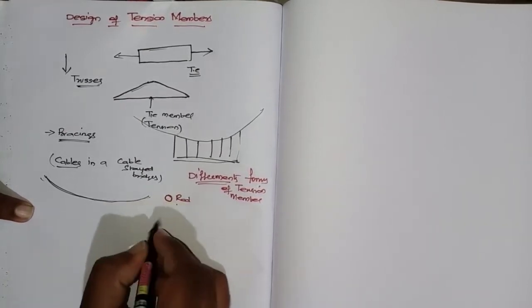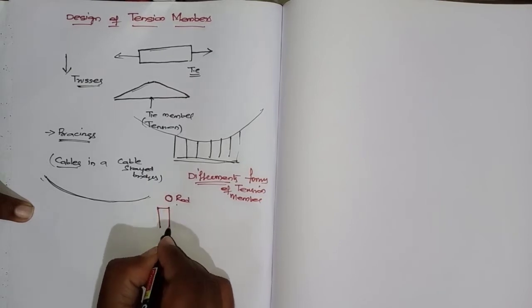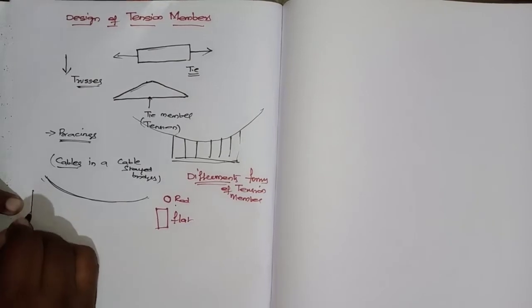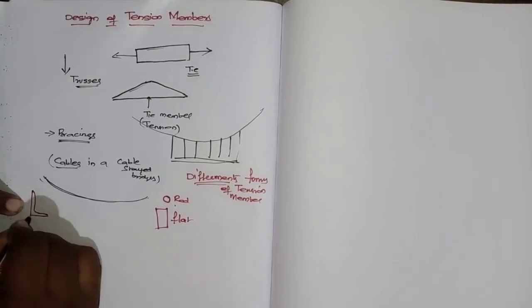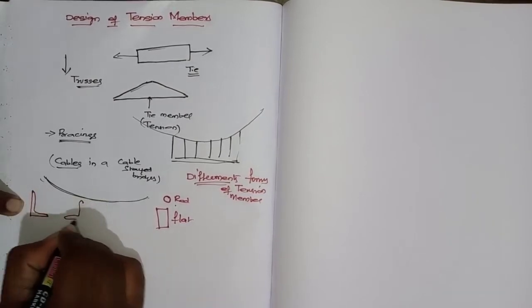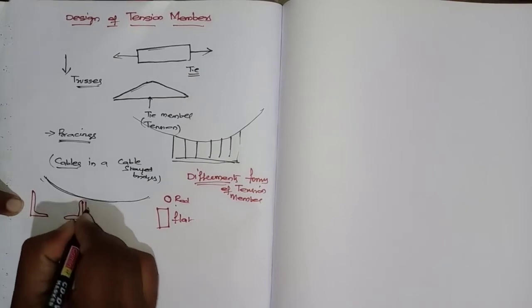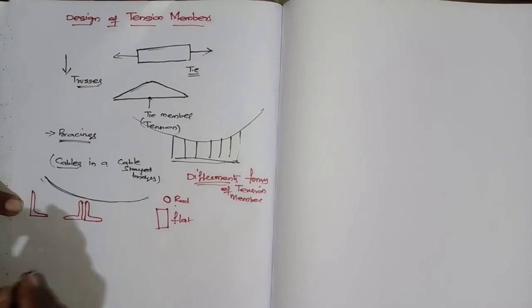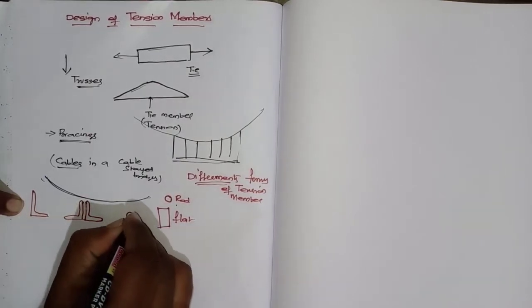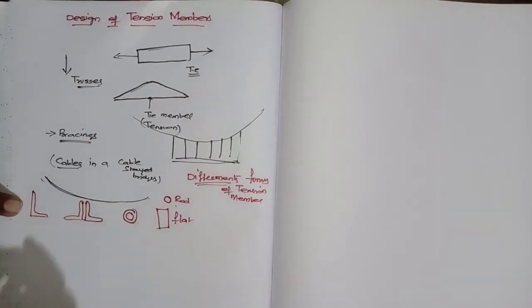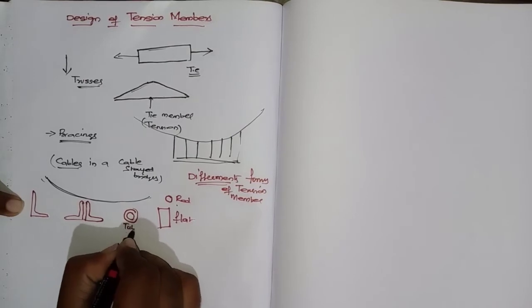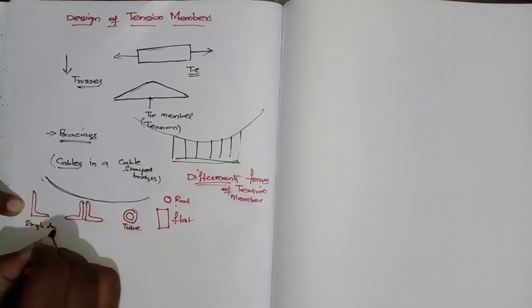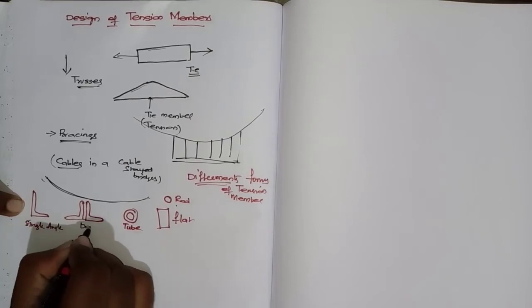Next, a flat plate can be used. Next, an angle section, which may be a single angle section or a double angle section. Next, a tube like structure, meaning hollow. This is a tube, this is a single angle, and this is a double angle.